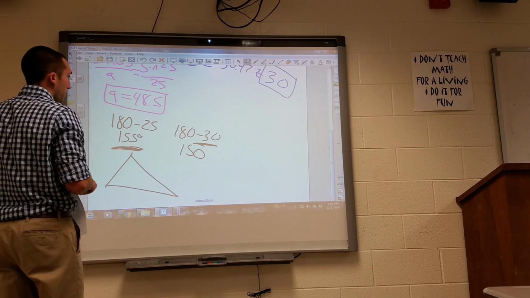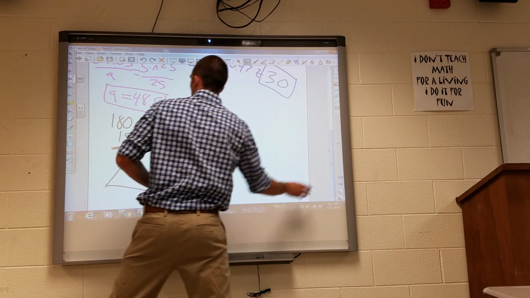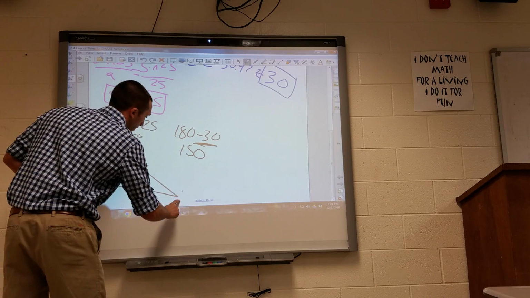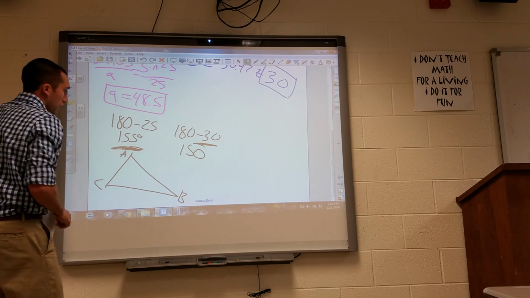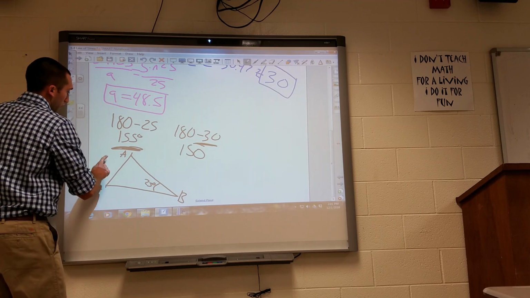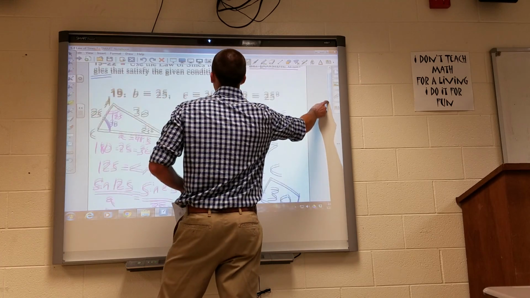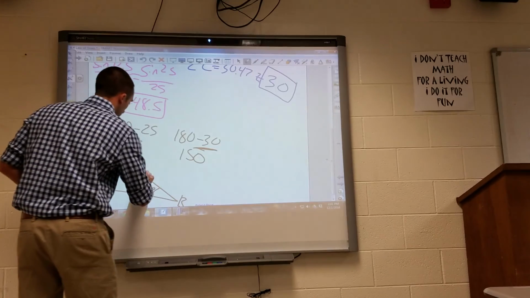I'll try to do my best. Let's see, we have angles A, B, C, and we knew angle B was 25 degrees. We knew side B was 25. We knew side C is 30.